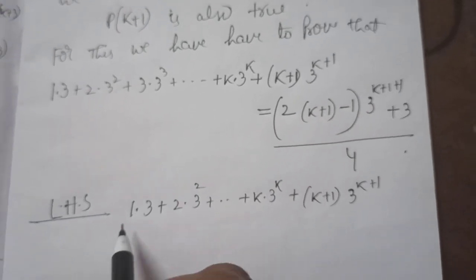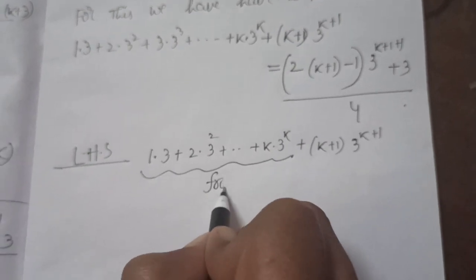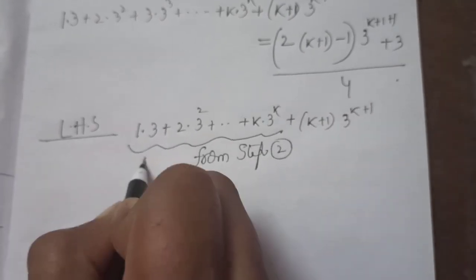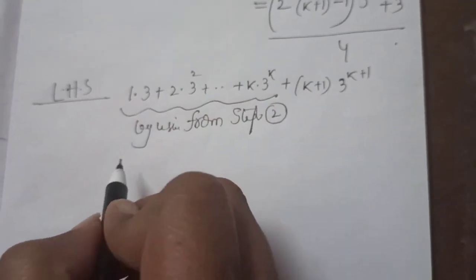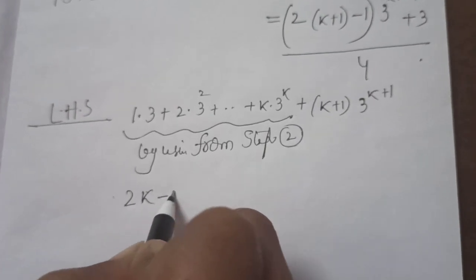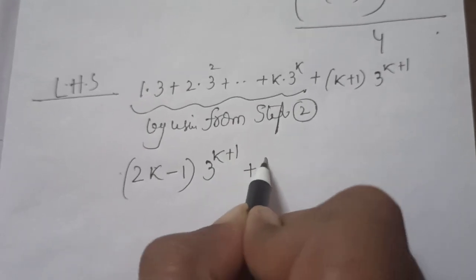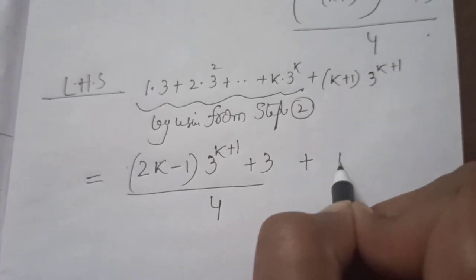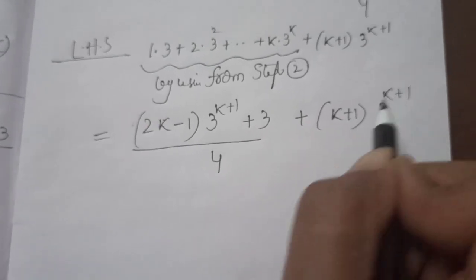But up to here I can take the value from step 2, by using step 2, which is equal to ((2k minus 1) into 3 to the power (k+1) plus 3) by 4 plus (k+1) into 3 to the power (k+1).